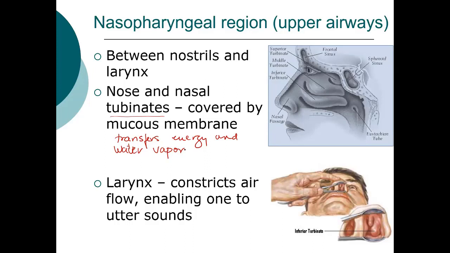The other thing to recognize when we're talking about the respiratory system and air pollutants is that as the air moves into the upper airways through the larynx, it's constricted in the larynx. And that's what enables you to hear me and for me to be able to utter sound. But the problem with that is that because of that constriction of airflow, deposition of particulate matter is very significant in the larynx.